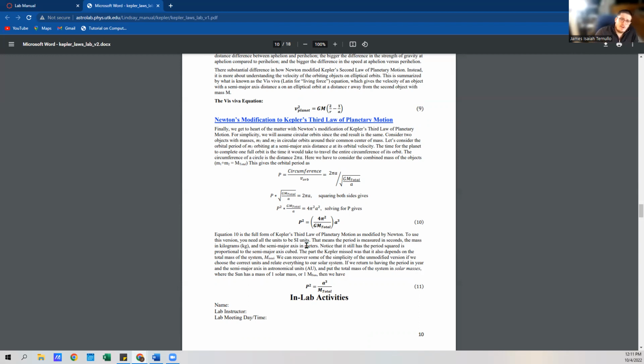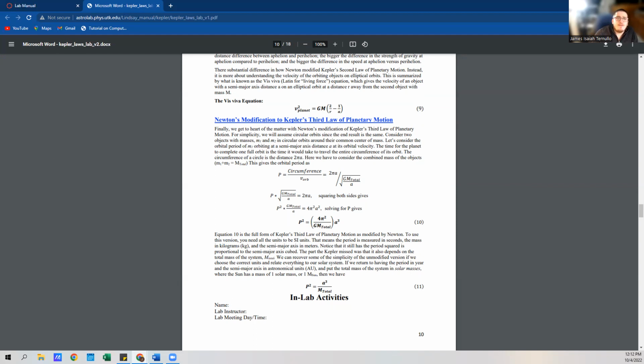But when Newton came along, he said, "Oh no, we can do that for any type of time. We could measure it in seconds, and seconds would be fine as well." And that's really his part. As you can see here, before it was just P squared equals A cubed. Well, now we have this constant out front, and I'm sure you guys have seen that in class.